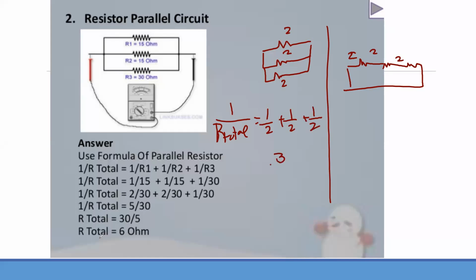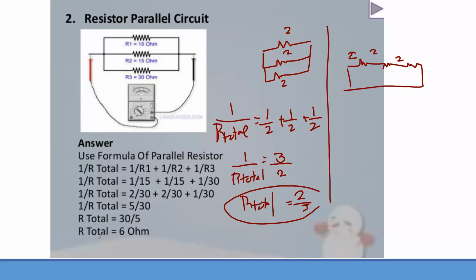So they are 3 over 2. So 1 over R total here is 3 over 2. So the R total is 2 over 3. Look at the second case. If they are in series, the R total will be R1 plus R2 plus R3. So the R total here is 6.